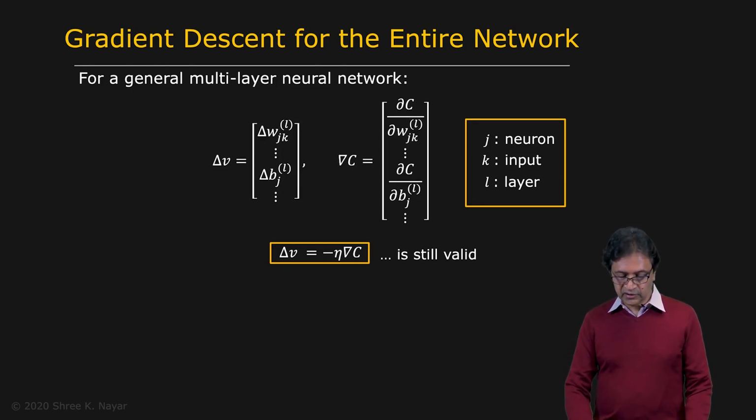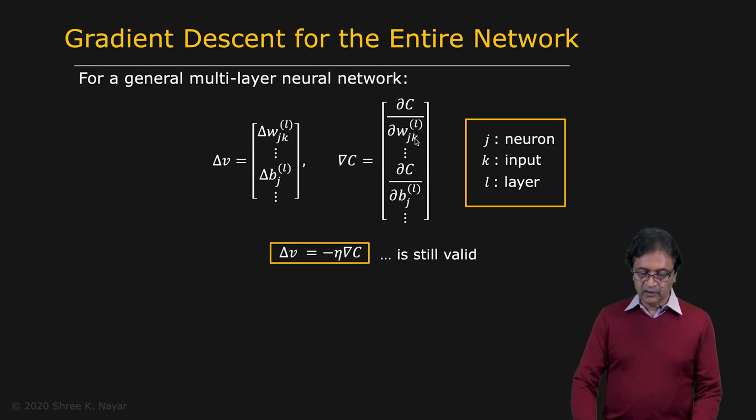So in this notation right here, you have W_jk^l. j is the neuron, k is the input, so it's the kth input for the jth neuron in layer l. That's what this notation really means.